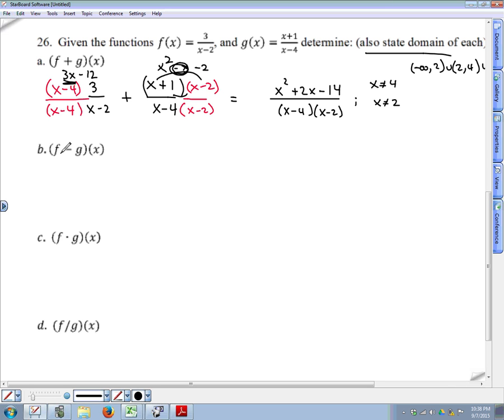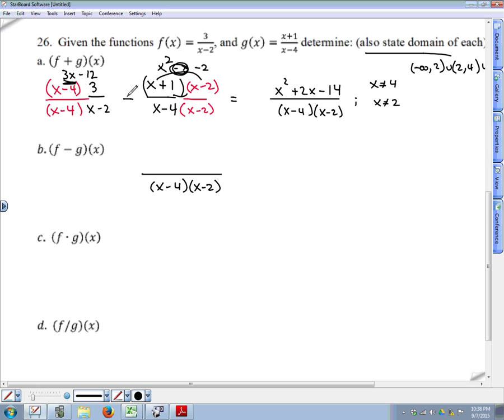Okay, really the only difference in part A and part B, I'm going to use the same problem here, that would be a minus sign. So you have to do the same process. You have to get a common denominator and combine these two. So you're going to have x minus 4 times x minus 2 as your denominator, and now you're combining like terms in the numerator by subtracting.